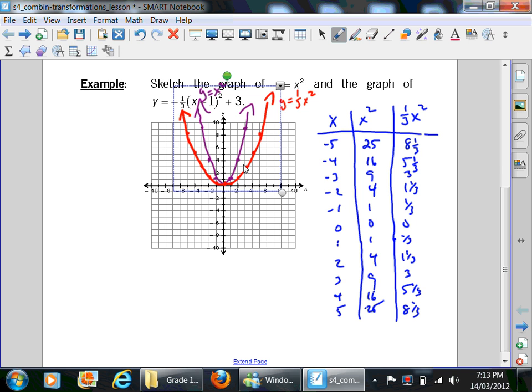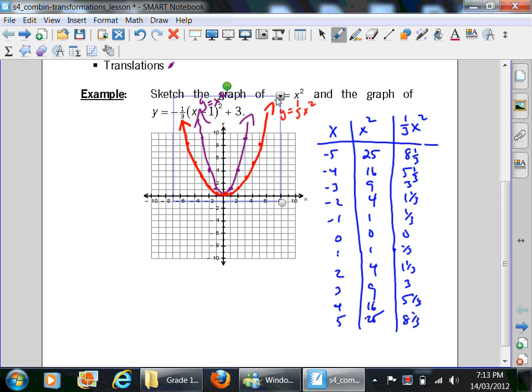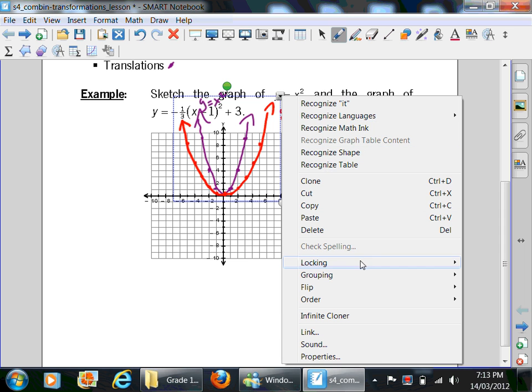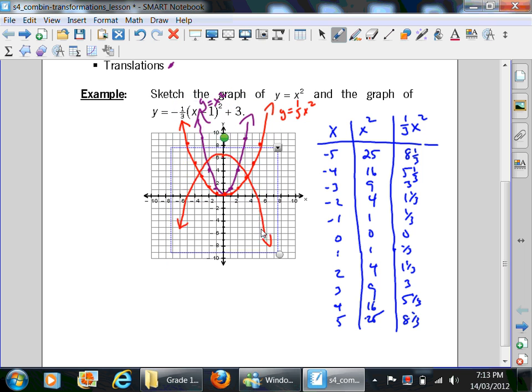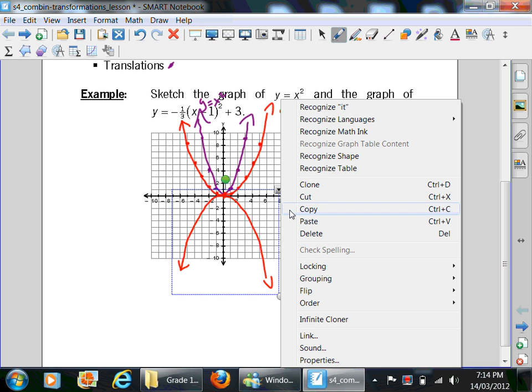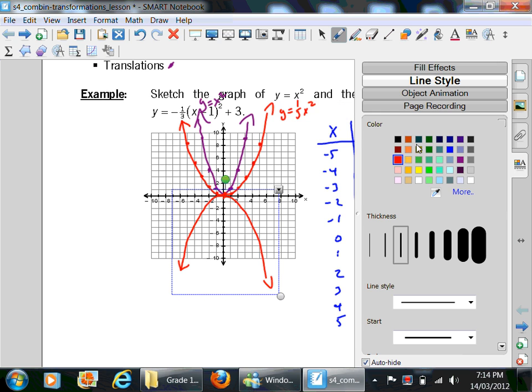The negative part is a reflection in the x-axis. So what I need to do is I need to just flip it. So flip it, and we're going to flip it up and down. So we have something that looks like, oh, I don't know, like this. I'm going to change its color because we don't want the same color. Properties, I don't know. What color do we want?